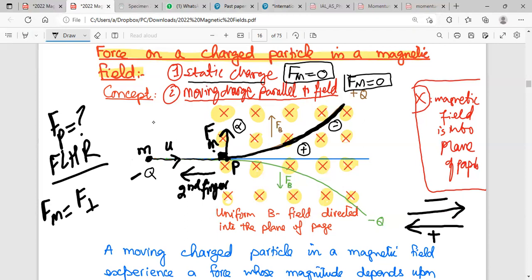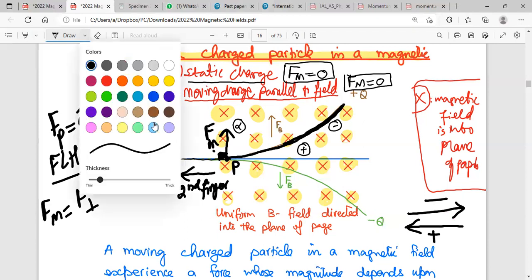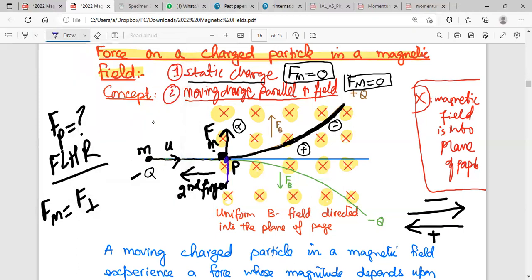And then when you twist your hand, you can clearly see that your thumb would be pointing in downward direction, isn't it? So it means that the force on electron will be acting in downward direction, and due to that, the negative charge is going to deflect in downward direction.